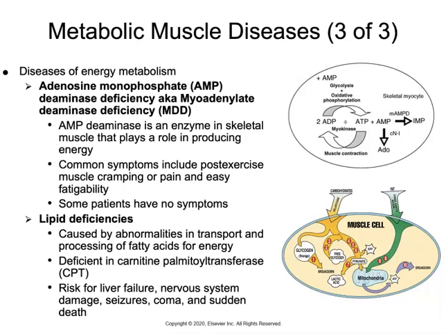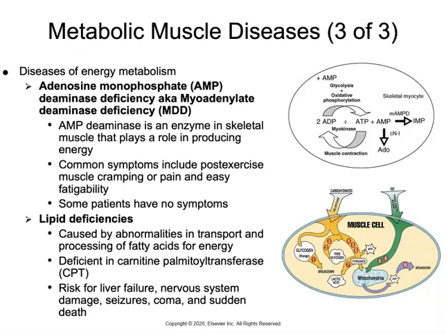Now, another disease of energy metabolism is adenosine monophosphate deaminase deficiency, which is also known as myoadenylate deaminase deficiency. Lots of long names for these diseases, but it really describes what's going on. This is a common autosomal recessive enzyme deficiency type of disorder that affects our skeletal muscles, because this enzyme plays a role in producing energy once again.